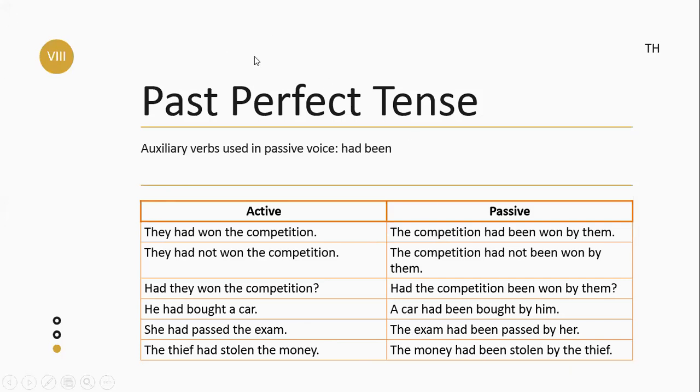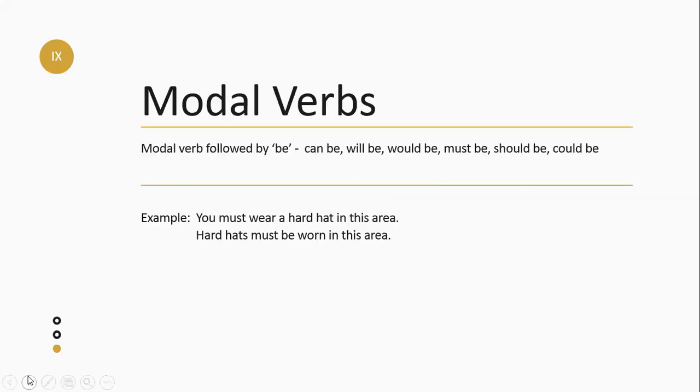Yes. So this is the basic structure which we need to follow when it comes to passive voice sentences, right? Then we have the modal verbs. If we are using modal verbs in a sentence, it has to be followed by be verbs, which are can be, will be, would be, must be, should be, and could be. Right? So let's look at the example here.